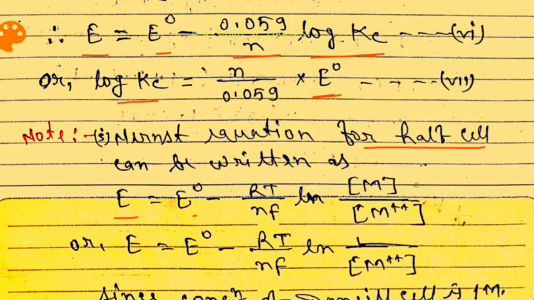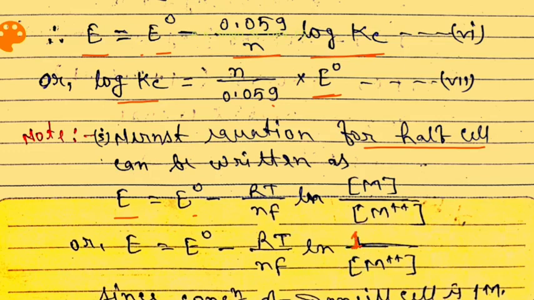As the concentration of copper sulfate and zinc sulfate in the Daniell cell is 1 m, we can write E is equal to E naught minus RT by nF ln 1 by concentration of metal ion.